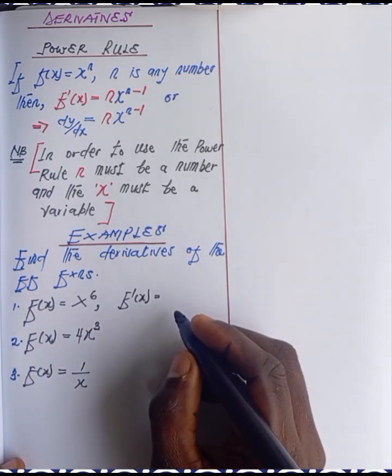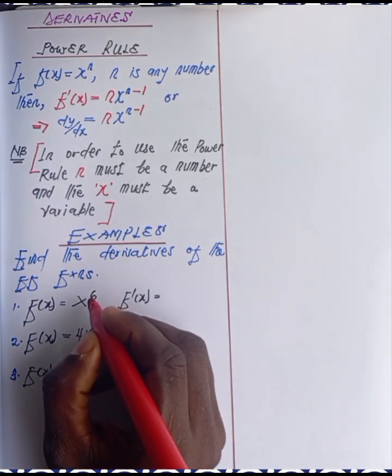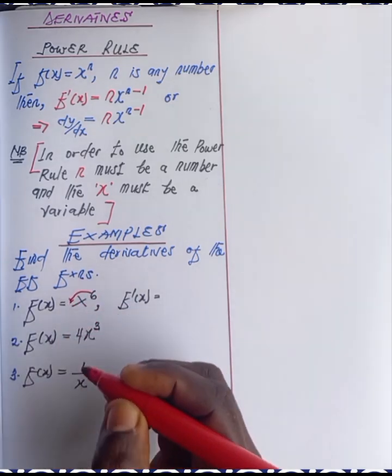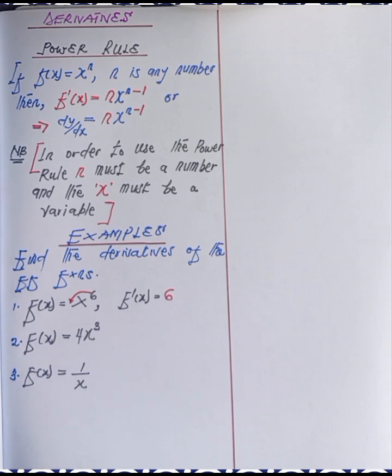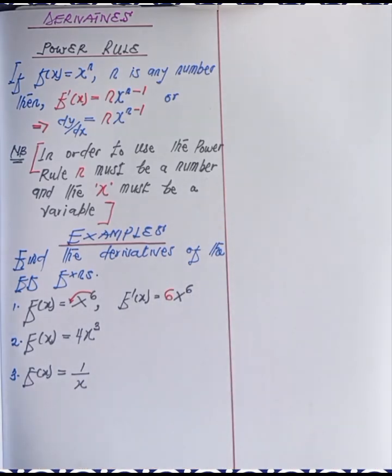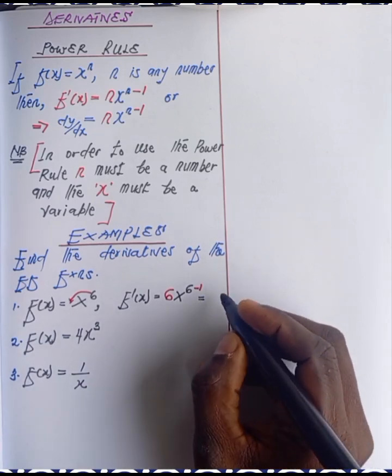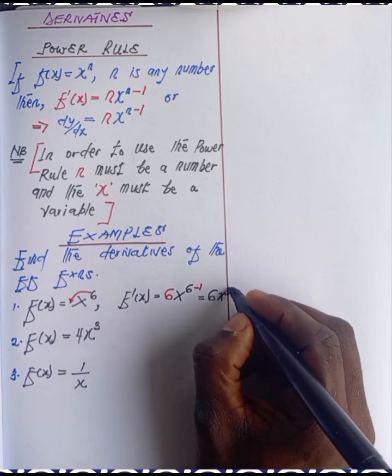So the original exponent 6 is coming forward, and we get 6 times the function x, with the original exponent minus 1, which gives us 6x power 5.